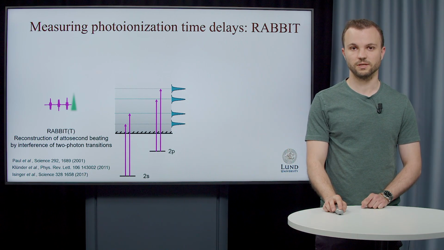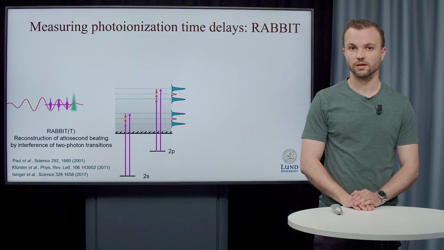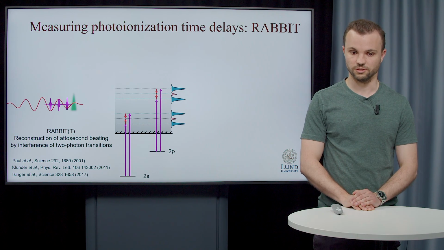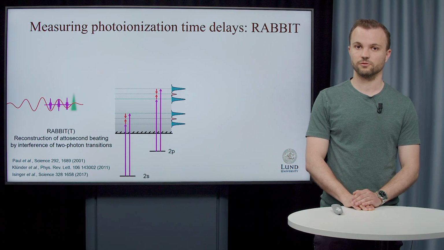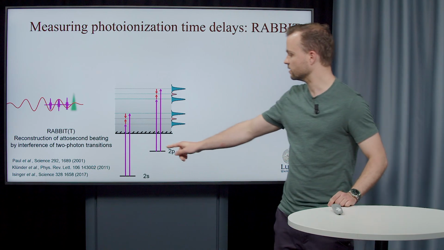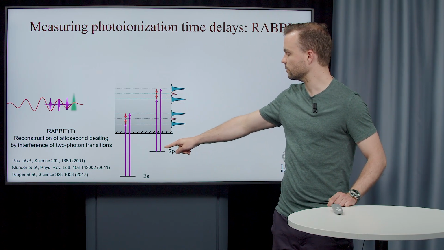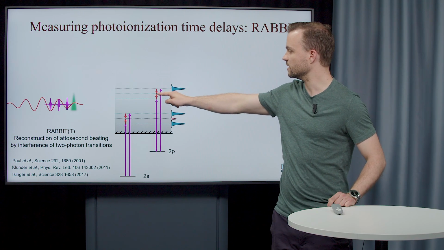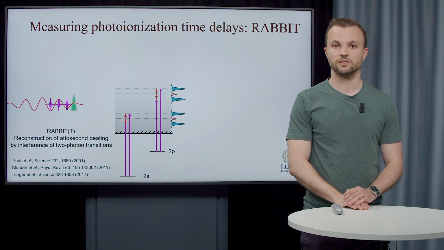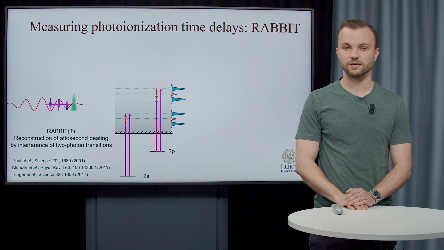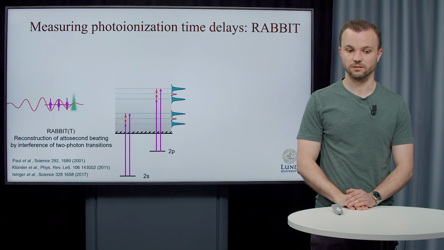Here, in order to obtain temporal information, we superimpose a relatively long and weak infrared pulse that now can induce continuum-continuum transitions. For example, for the 2p shell, an electron can absorb the lower harmonic and absorb an infrared photon, or absorb the upper harmonic and then emit an infrared photon. These two quantum paths interfere and give rise to the formation of sidebands.